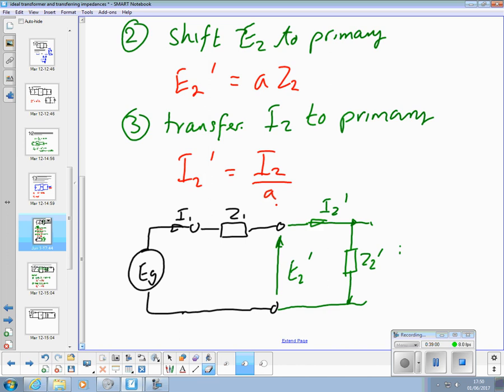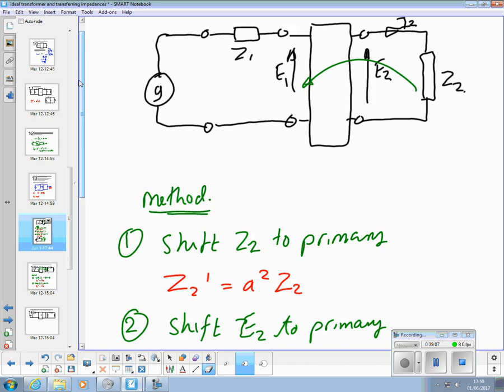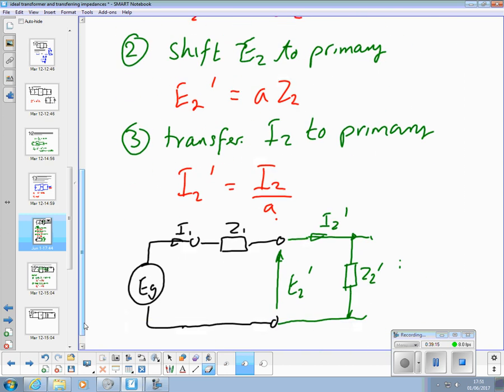That transfers it back to the other side, and we know then what the current is actually flowing in the secondary. And the same with the voltage. If we analyse and find out, once we know the current, we'd then be able to find the voltage across that Z2 dash there, and then divide it by A to transfer it back to the other side.